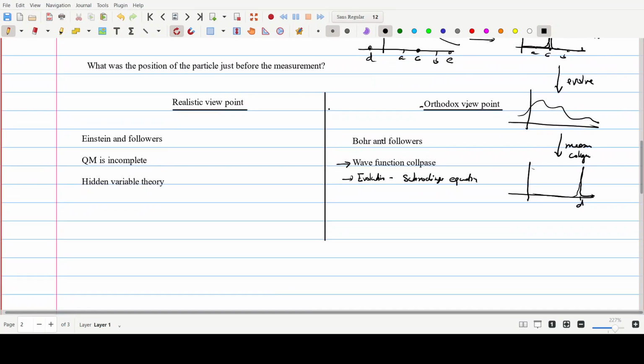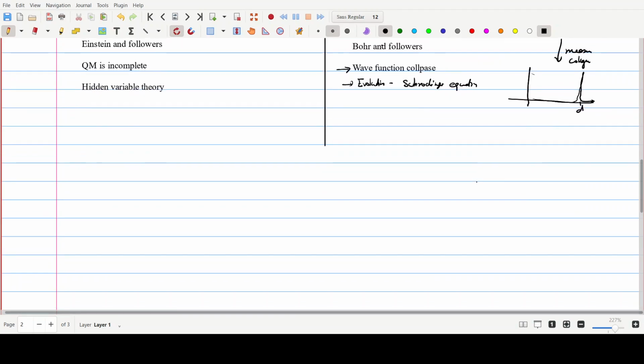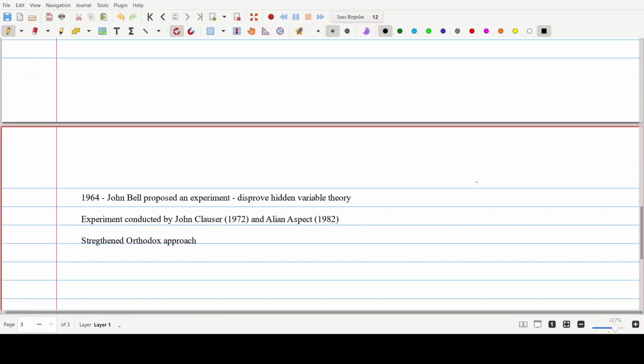All this discussion happened before the 1950s, and after 1950, one scientist, John Bell, proposed an experiment. You might have heard about Bell's inequality. In 1964, he proposed an experiment to disprove this hidden variable theory, to disprove Einstein's viewpoint. That experiment was conducted by John Clauser in 1972 and Alan Aspect in 1982.